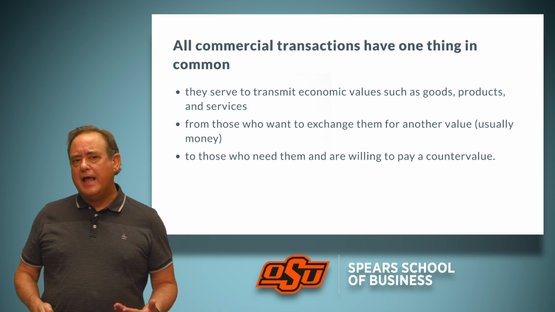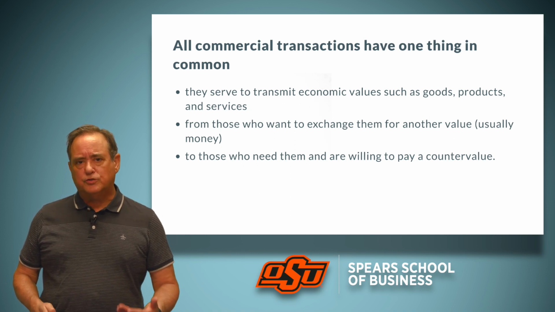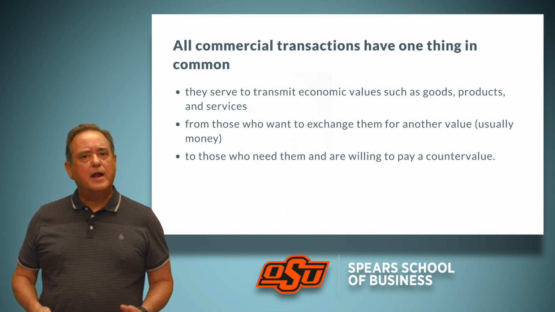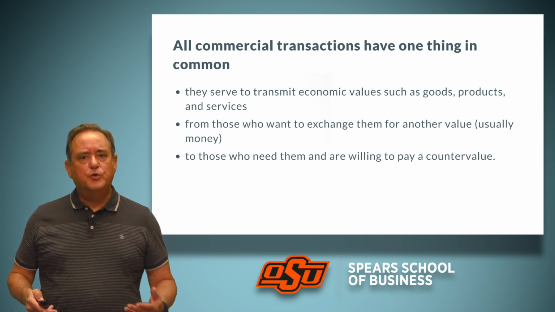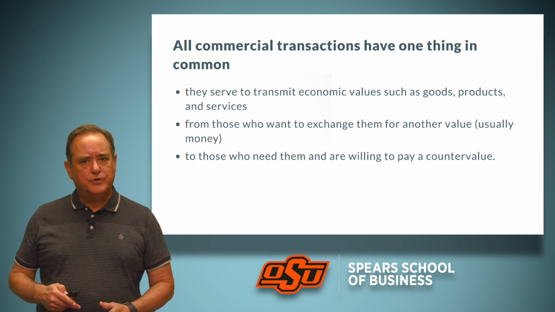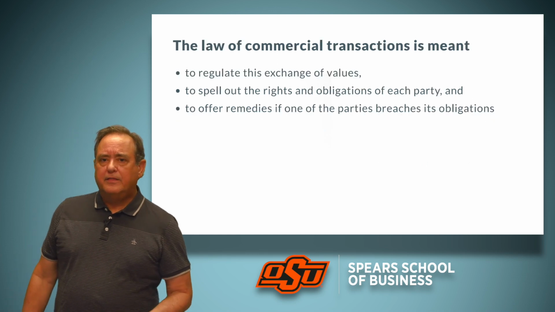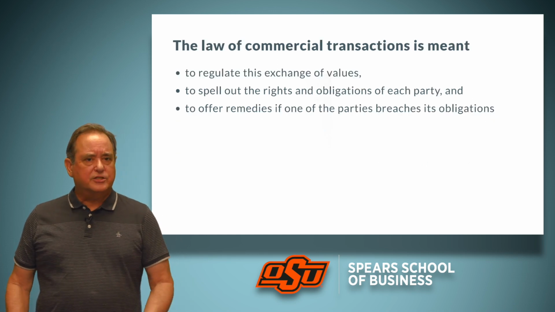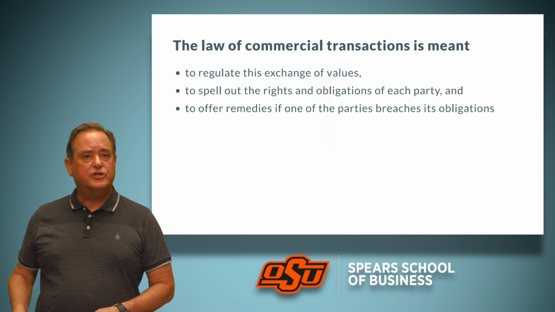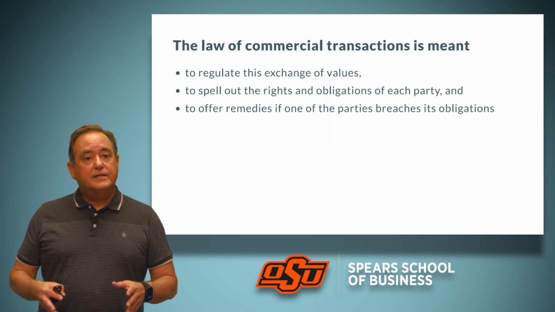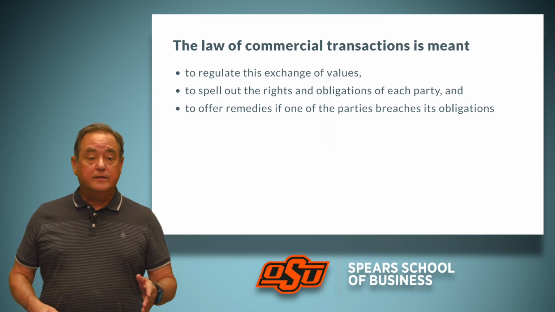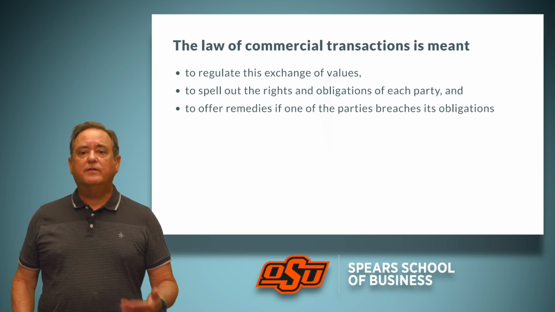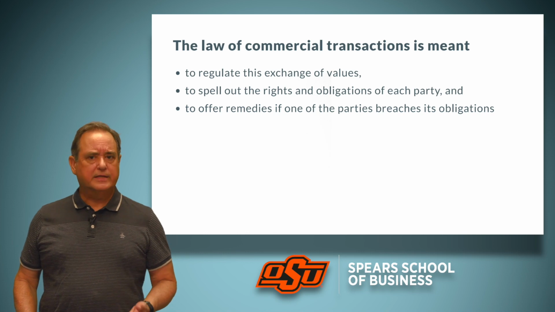So if we were to look at a definition of commercial transaction, this is where we would start. Two parties who wish to exchange value. Now, the law of commercial transactions is meant to regulate this exchange of values and to spell out the rights and obligations of each party and to offer remedies if one of the parties breaches its obligations.